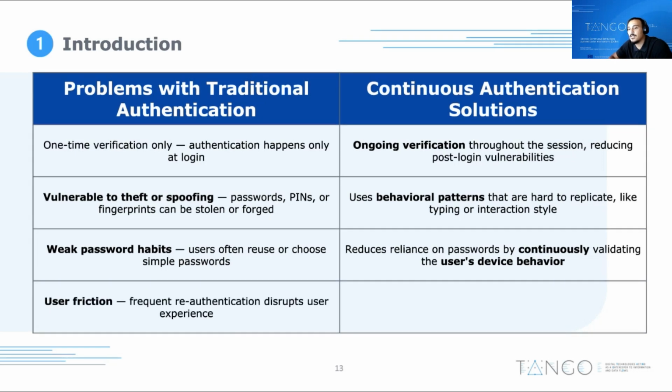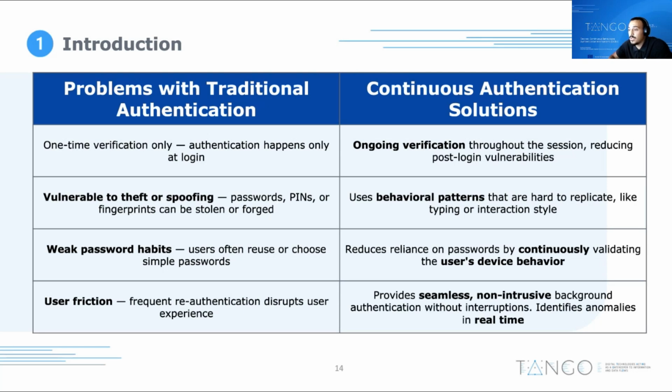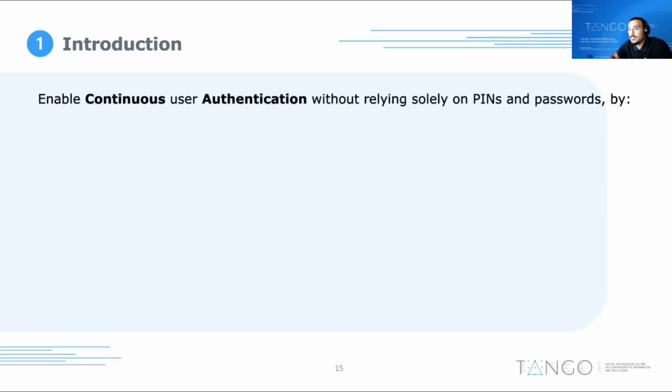And last but not least, current traditional authentication methods repeatedly ask users to verify their identities, interrupting the user experience, while continuous authentication runs in the background, keeps monitoring the entire device session without interrupting the user experience, and only asks for verification if an abnormality is detected in real time.